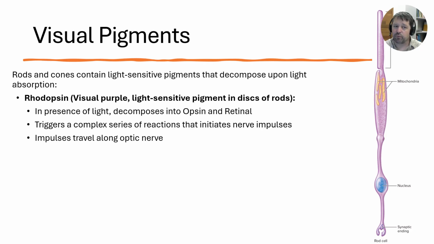That's where the name rhodopsin comes from: those two molecules, opsin and retinol, combined form rhodopsin. When penetrated by light, these molecules break apart. They decompose. In doing so, that can trigger a reaction.